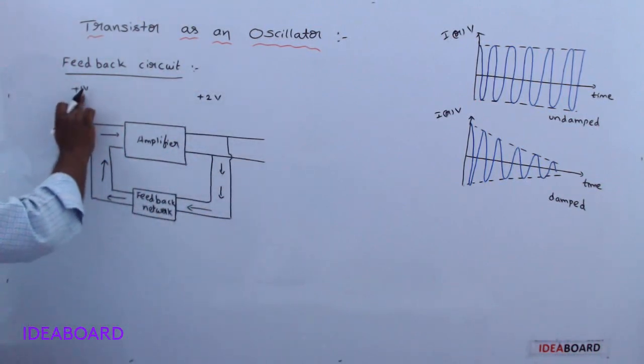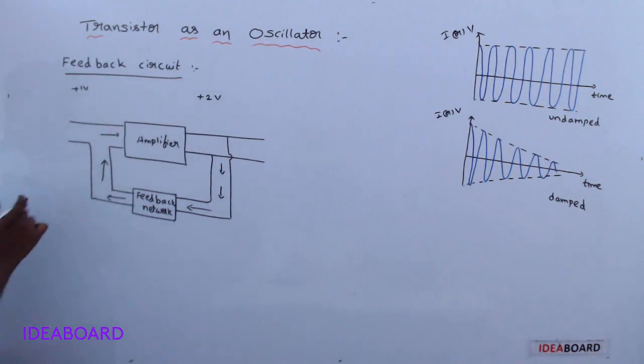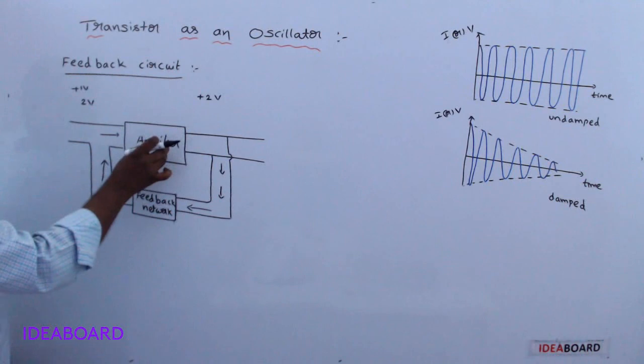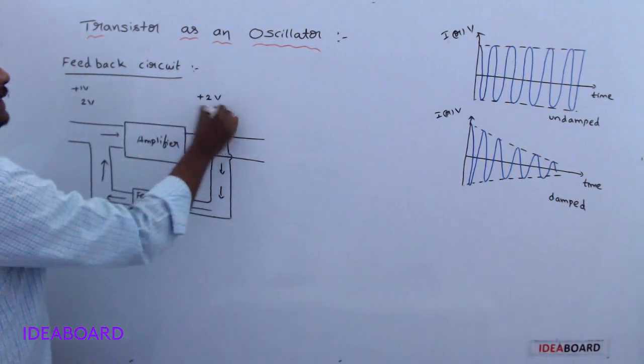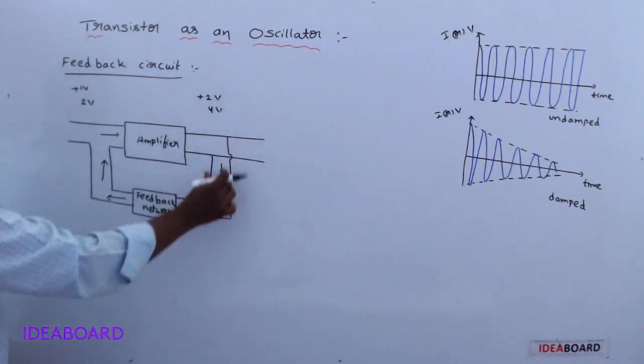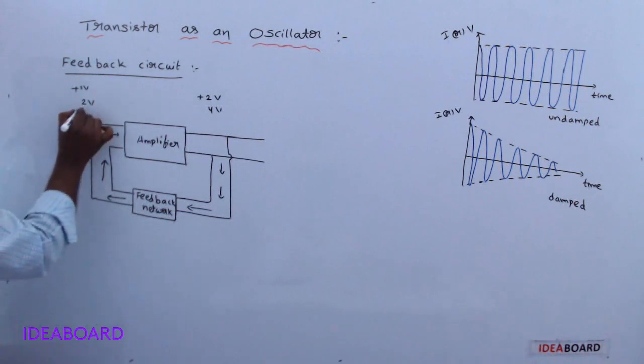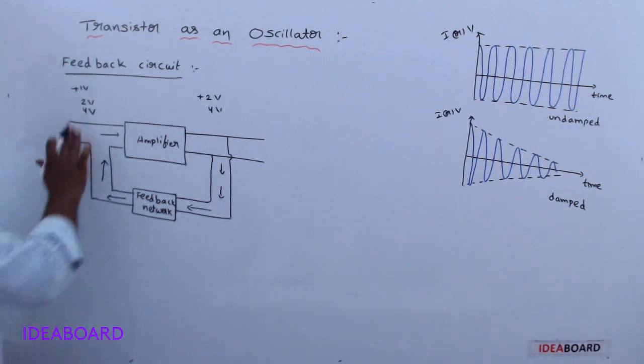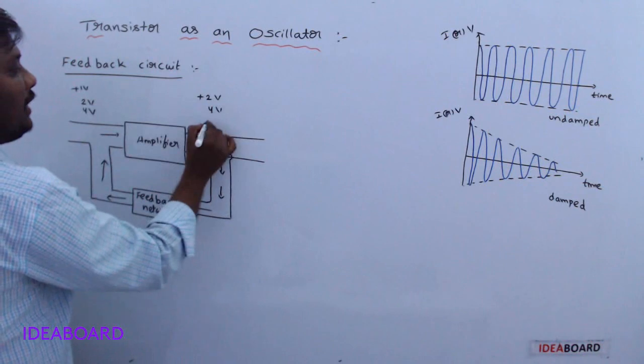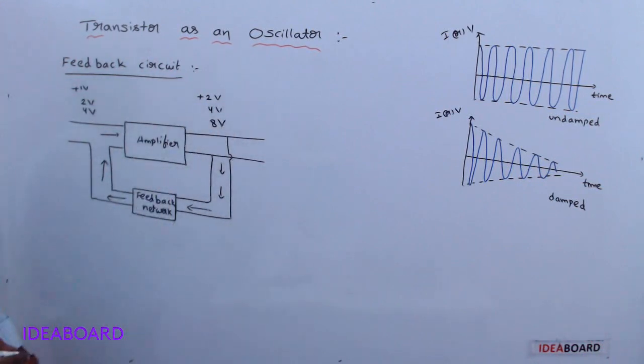So the input voltage was plus 1, now another 1 is added, so it becomes 2 volt. The amplifier makes it double, so now the voltage is plus 4 volt. Now this 4 volt becomes doubled, 8 volt.